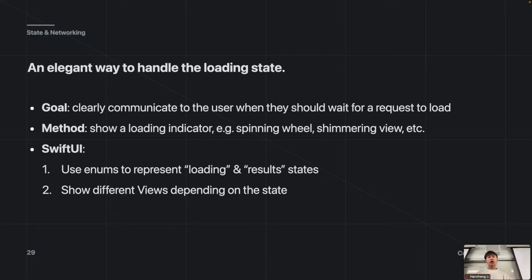In SwiftUI, we can easily use enums to represent the loading and loaded states, or in our case, on AppDev, we use results as the name for that. And so we show different views depending on the state, right? We react to the enum that holds what the state is currently for the network request.